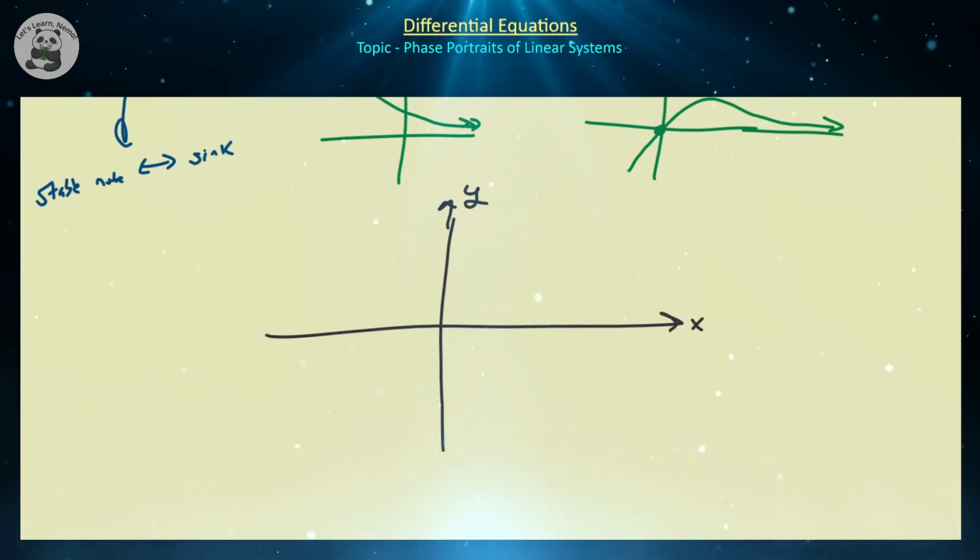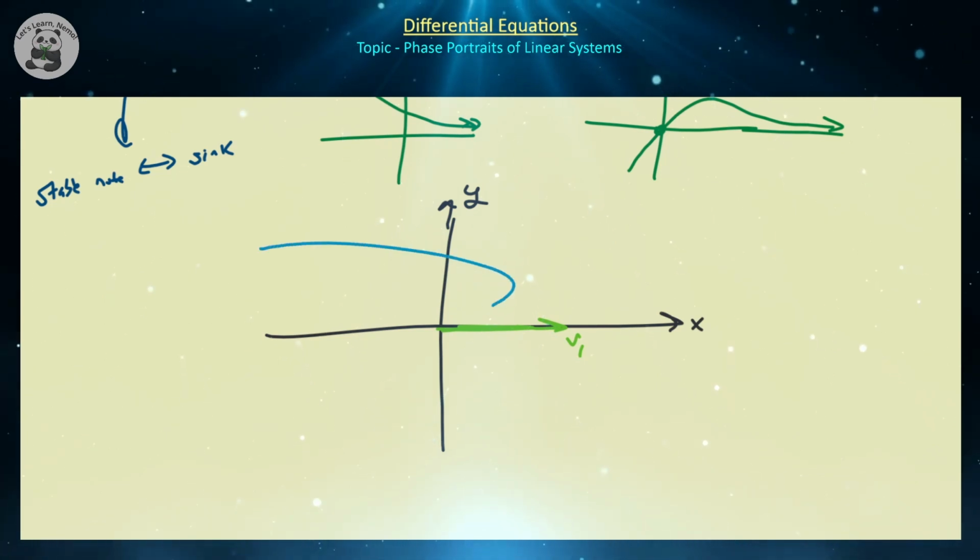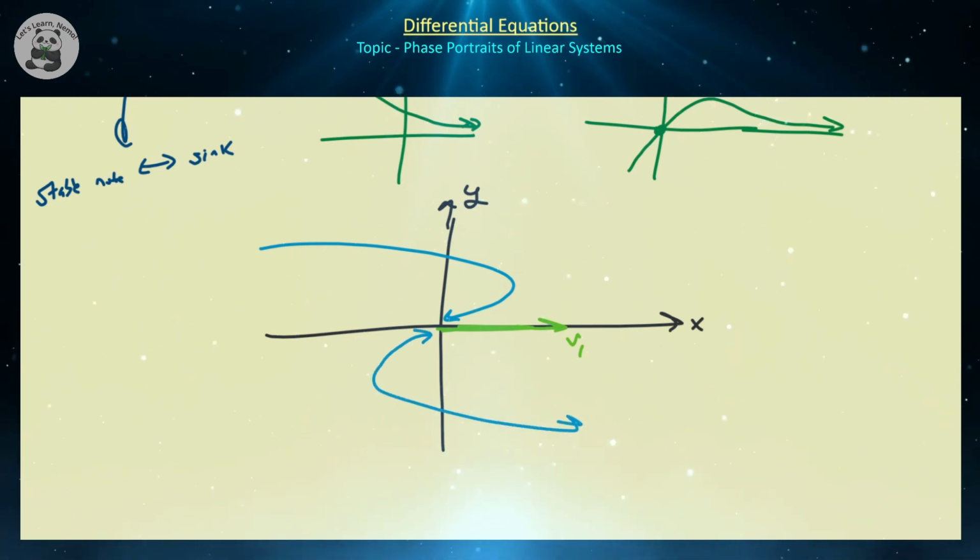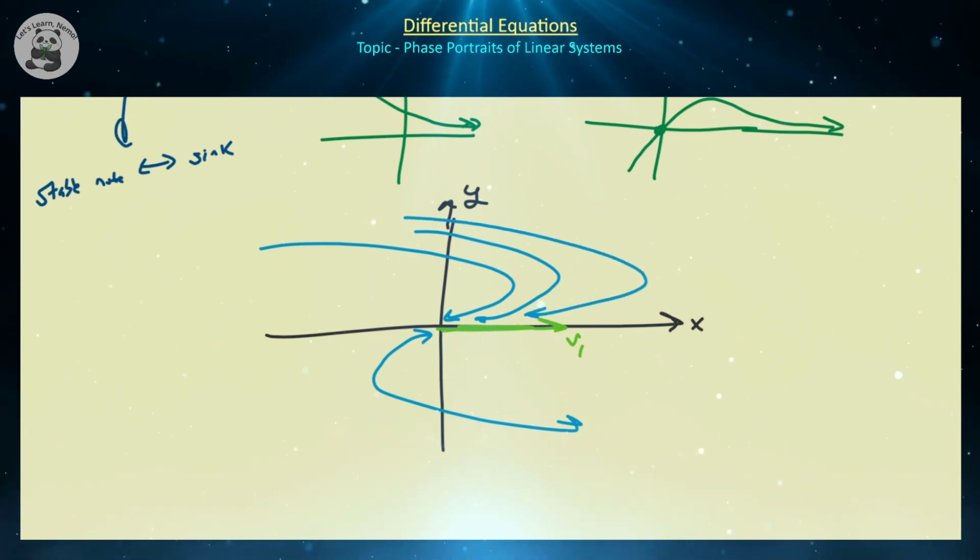So once you have your first vector, v1, so this is my dominant, our first eigenvalue, what you're going to have is that you're going to have your curves sort of swing in to that particular eigenvector, right? So everything's sort of going to be pulled towards that vector. So let's sort of make them asymptotic to each other. Right, so these are going to sort of swing into each other.